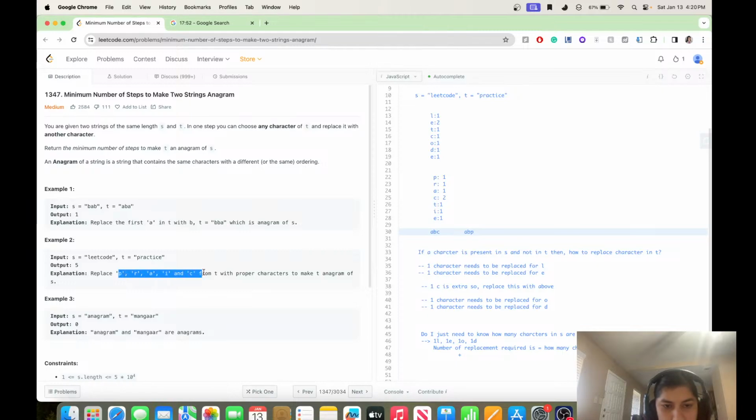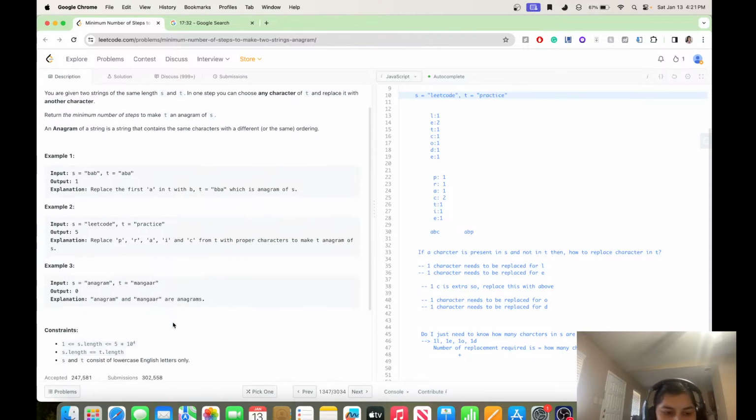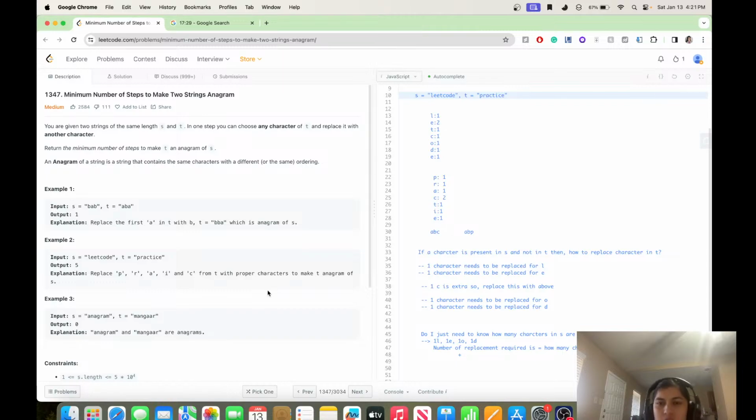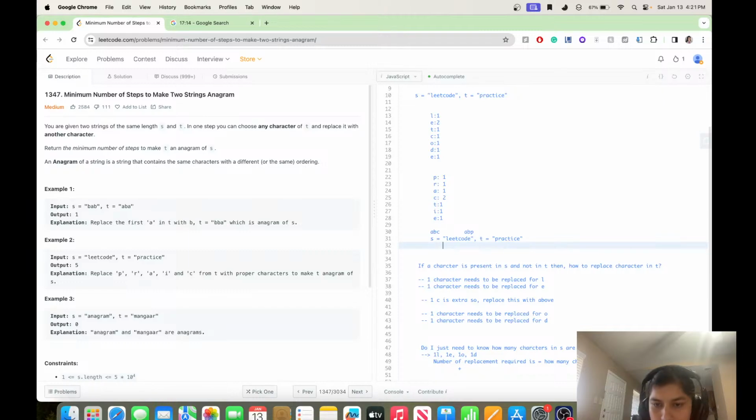Replace characters from T with proper characters to make T an anagram of S. So L 1 2 3 4 5 6 7 8, and the length is also same. So here we can see that if it is S and C, okay, then since it is L, I can just replace L with any other character, right?